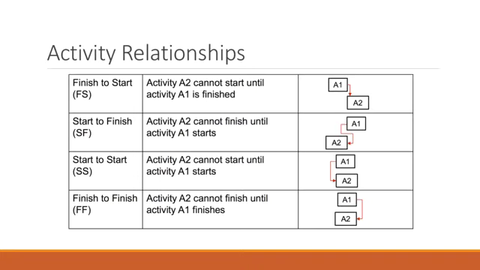The first one, finish to start, means that the second activity will not start unless the first activity has been completed. The second case, start to finish, means that the second activity cannot finish until activity 1 has started.